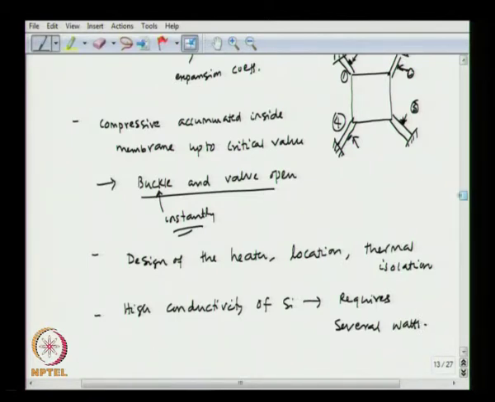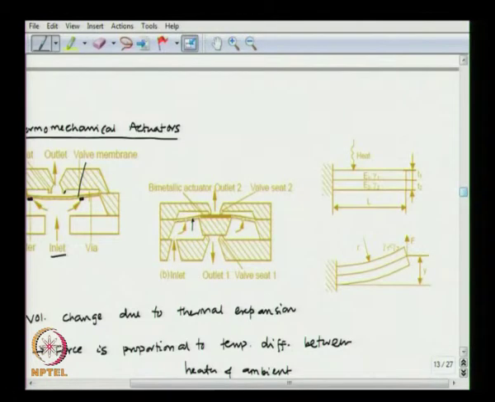Now, let us look at a bimetallic valve. So, this is the membrane itself, and we would have a bimetallic actuator mounted onto the membrane itself. So, this is the membrane, and here we have 2 metals. That is why it is called a bimetallic actuator, and when the heat pulse is applied, because of the difference in the thermal expansion between the 2 different metals, the membrane will buckle to one side.